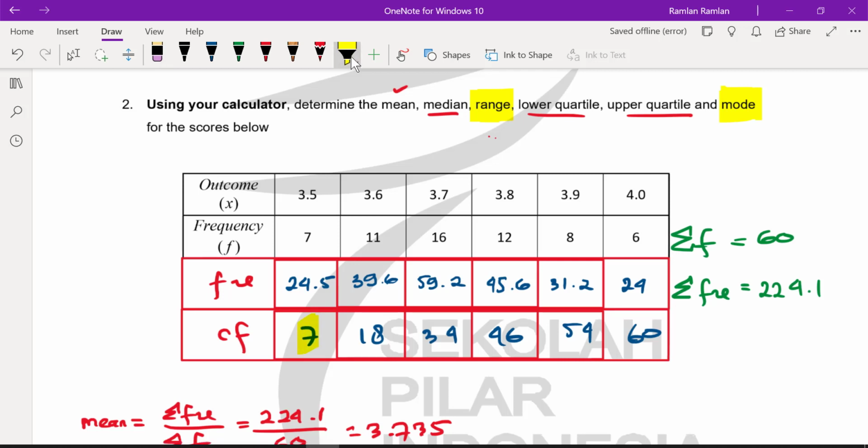Okay, let's go to 7 here. 7 means that data number 1 until number 7 is this value over here, 3.5.